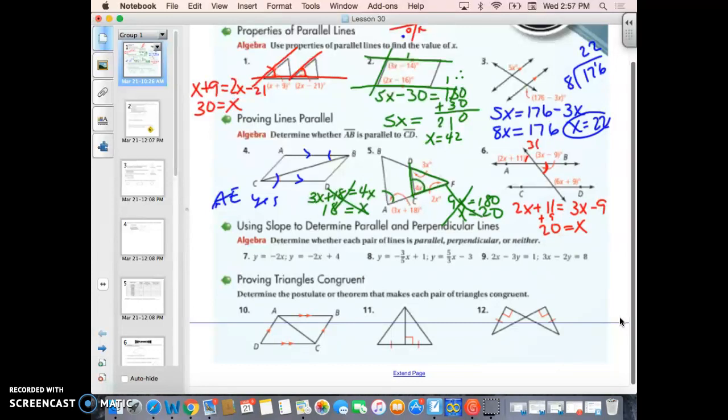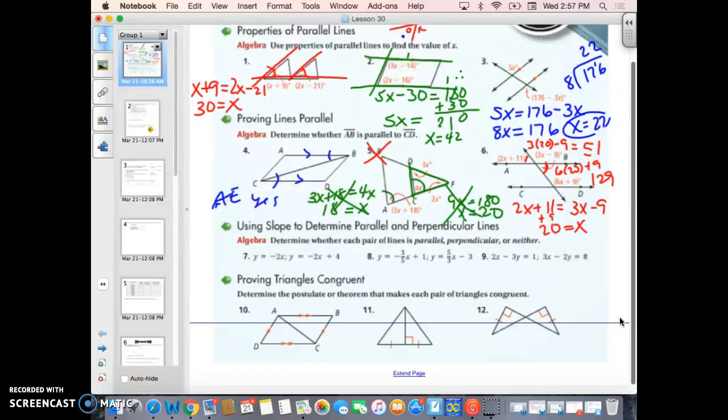So 3 times 20 minus 9, that's 51, excuse me. And here we've got 6 times 20, which is 120, plus 9, which is 129. And if you add those together, yep, you get 180. So that is true. So this is the only one that's not parallel.